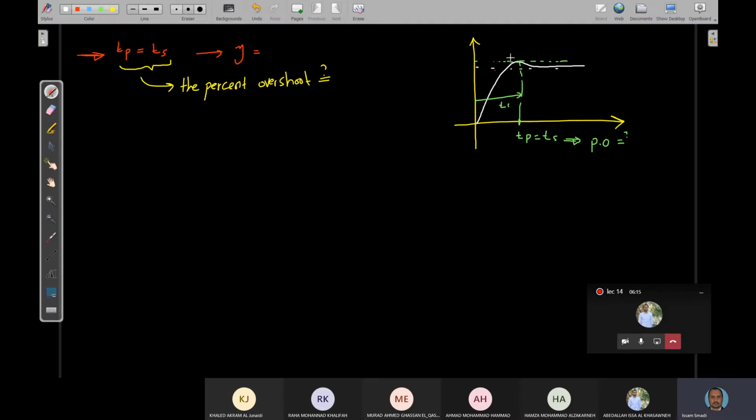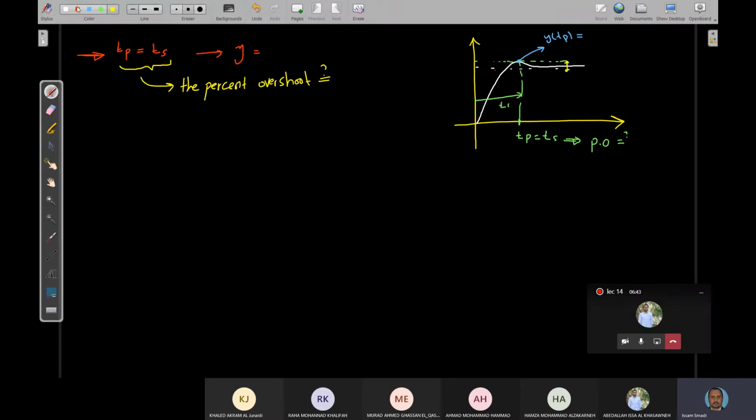Rephrase it again. This point, the value here equal to what? Y here, Y at TP equal to what? No answer? This boundary equal to what?